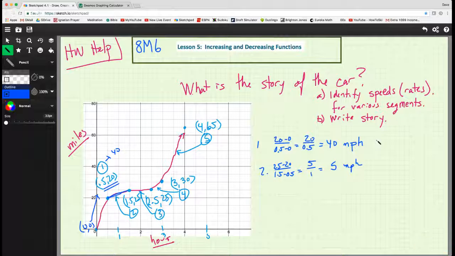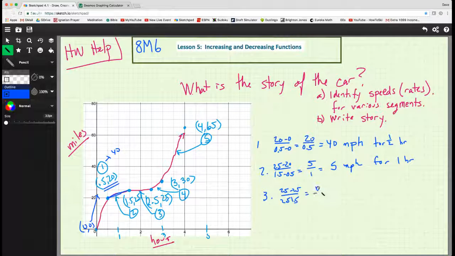And that's for half an hour. And here we do this for 1 hour, right? This is 1 hour from 0.5 to 1.5. In section 3, it's 25 minus 25 over 2.5 minus 1.5.